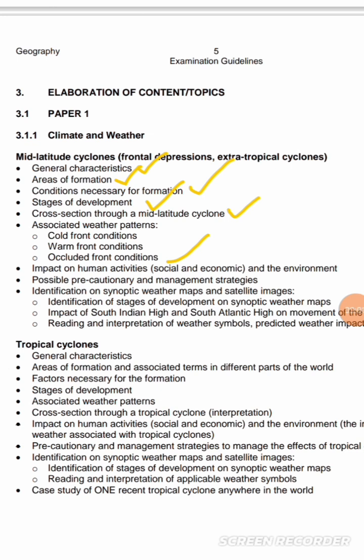The last part is the interpretations, where we deal with the human impact, the impact of mid-latitude cyclone.